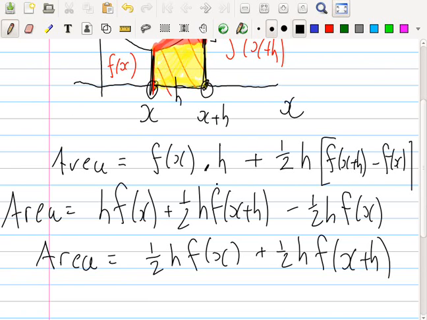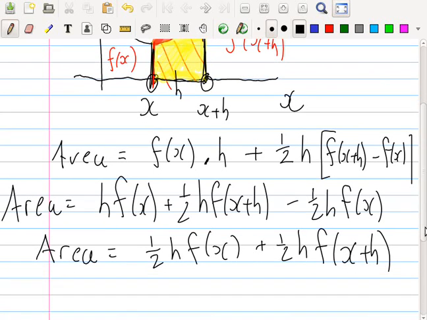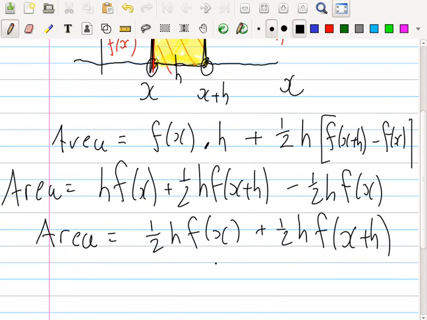This one minus half here. Did you all write that down? Okay. What's in common here? You can see a half and also h, so I'll take that out.